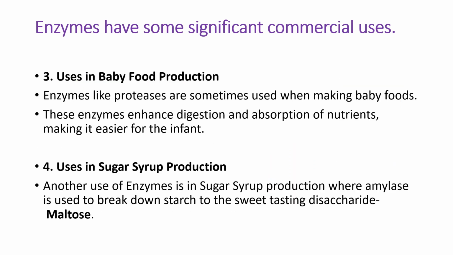Enzymes like proteases are sometimes used when making baby foods. These enzymes enhance digestion and absorption of nutrients, making it easier for the infant. Another use of enzymes is in sugar syrup production, where amylase is used to break down starch to the sweet tasting disaccharide maltose.